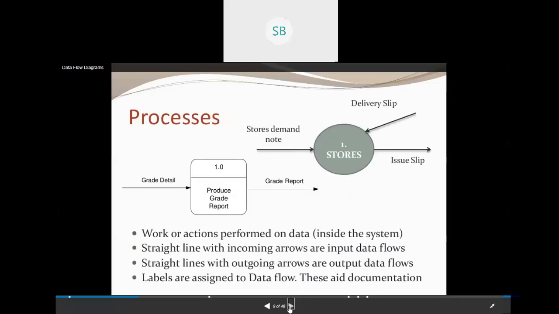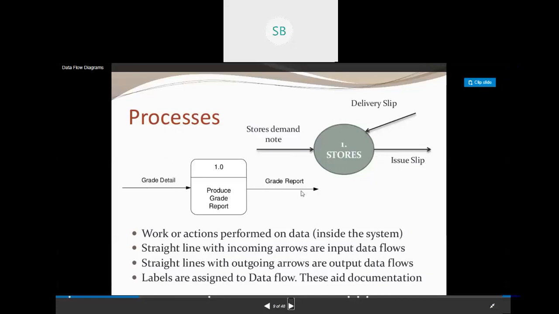Now I told you, right, we have the Jordan symbol, which we represented like a circle, and the Gane and Sarson symbol, which we represented using this square type of thing. And here we always have naming, labeling is there. This is the data flow.